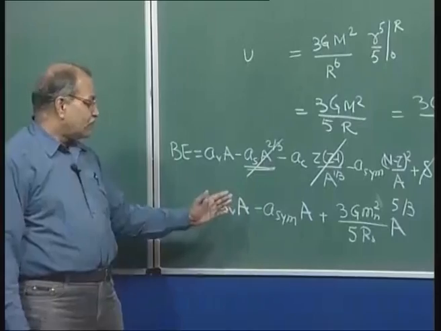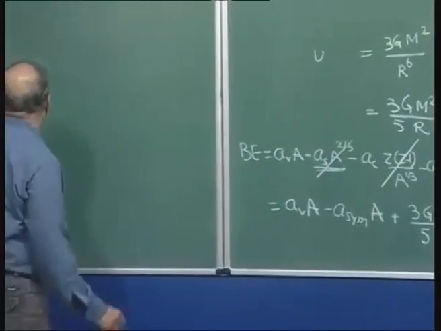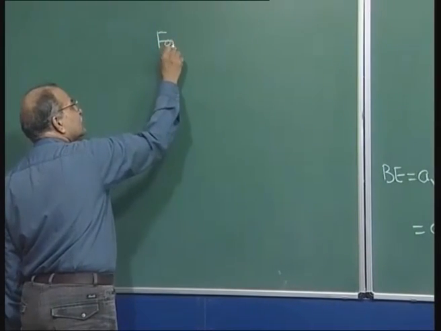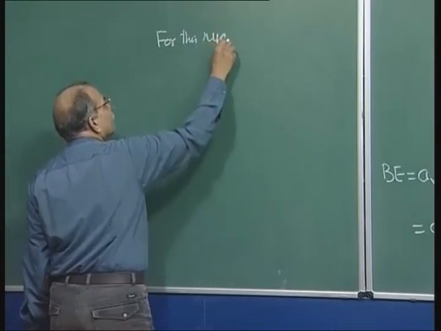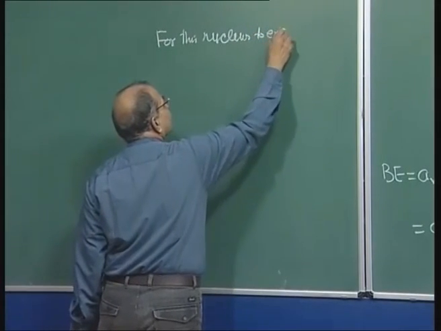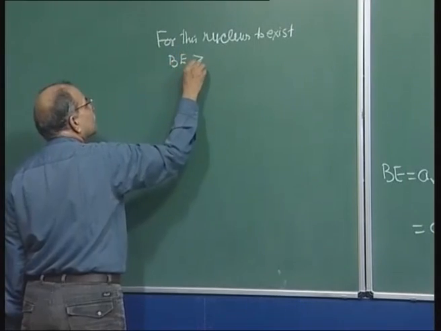So, let us see in what condition this will become positive. So, for the nucleus of only neutrons to exist, binding energy should be greater than 0 or say equal to 0.